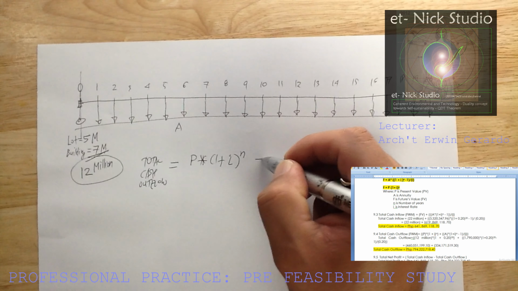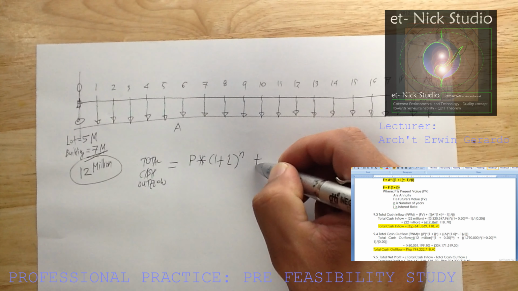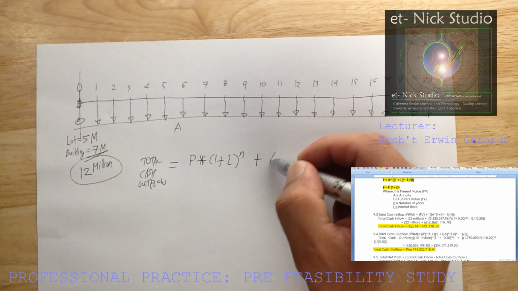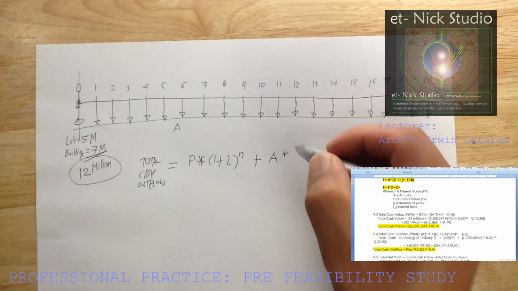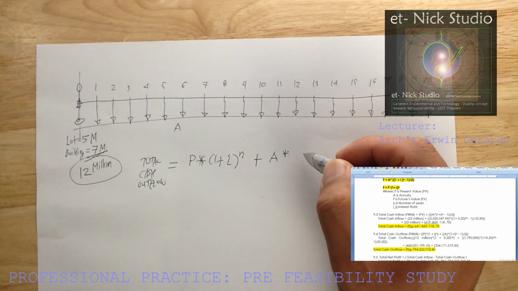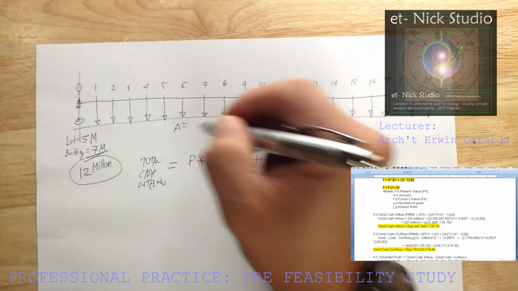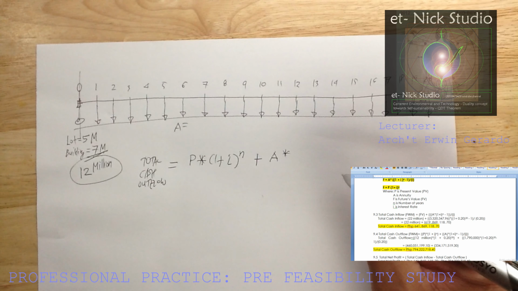Then you need to add another formula or working equation, which is your annuity.